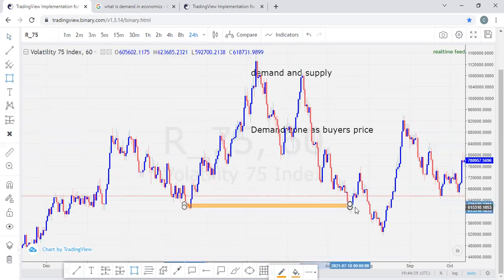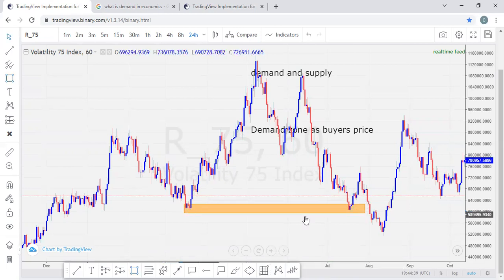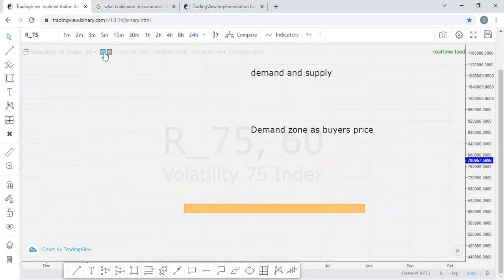And if you extend it to the future, you can see what happened. That price came into this zone again, tapped it and bought for about, let's say, 6 to 8 days. So demand zones are defined as buyer's price, the price at which buyers will want to stake their money.